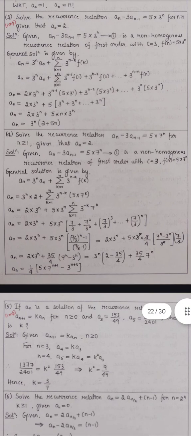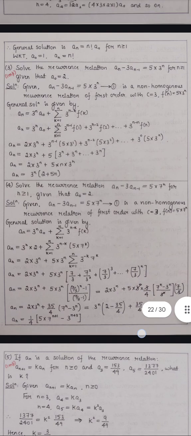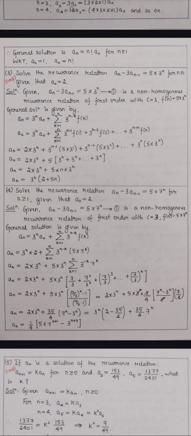Next question, solve the recurrence relation a_n minus 3 a_n minus 1 equals 5 into 7 power n for n greater than or equal to 1, given that a naught is 2. This is a non-homogeneous recurrence relation because there is something along with a_n.